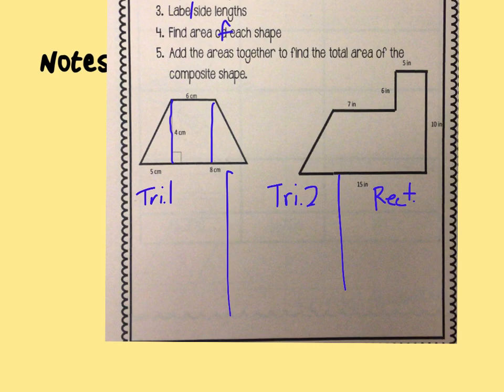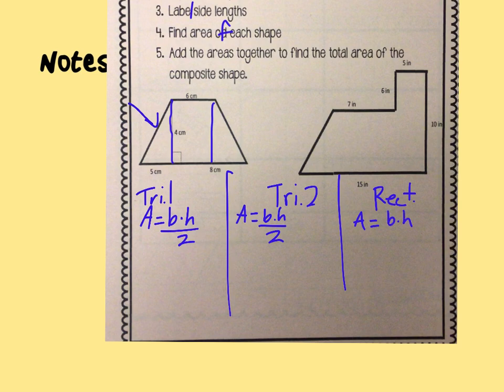So let's talk about triangle 1, and I'm going to call this one triangle 1. Does it matter which one you call? No, you can choose whichever one you want. So how do I find the area of a triangle? Area equals base times height divided by 2. On this triangle, same thing. And for my rectangle, area equals base times height.